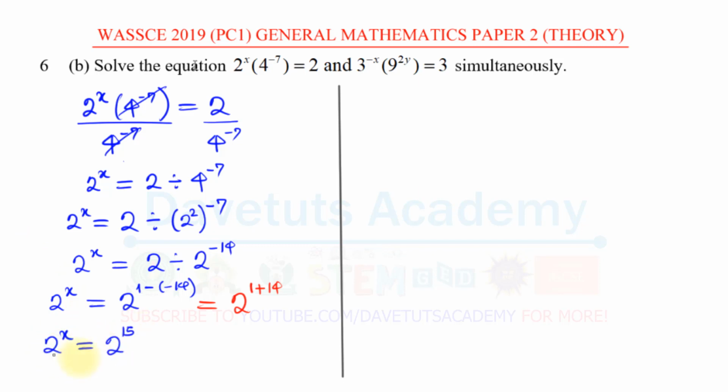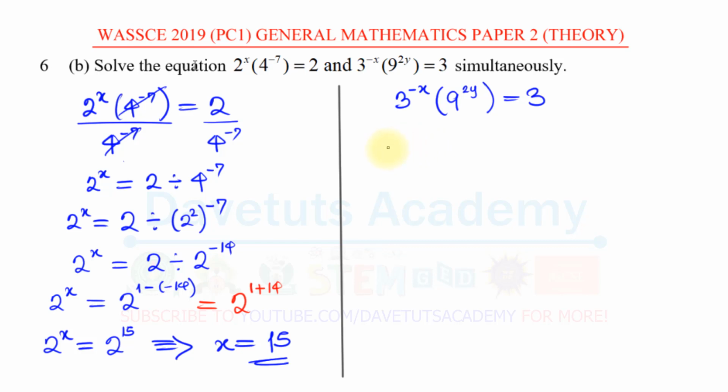Since the bases are equal, definitely the powers have to be equal. So x here is 15. That's one of the solutions that we are looking for. In the other case, we are given 3 raised to power minus x multiplied by 9 raised to power 2y is equal to 3. Here, in the same case, we can just say we know the value of x already.